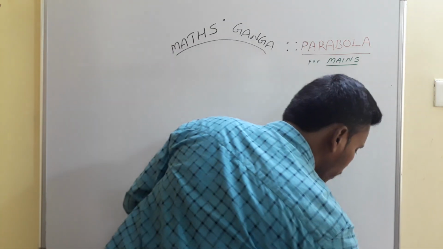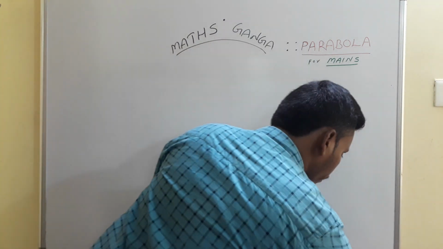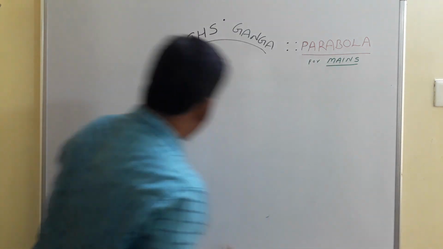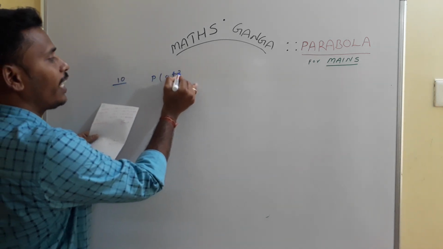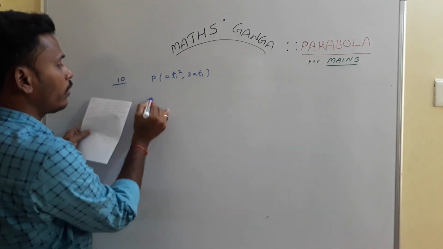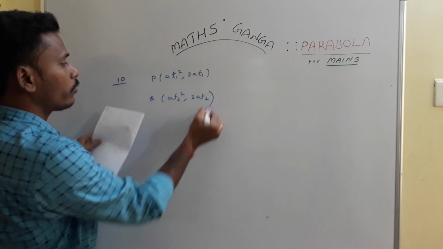See, for the 10th conceptual idea, what I am going to tell you is, if you have any 2 points on the parabola, for example, P is (a t1², 2a t1) and Q is (a t2², 2a t2).